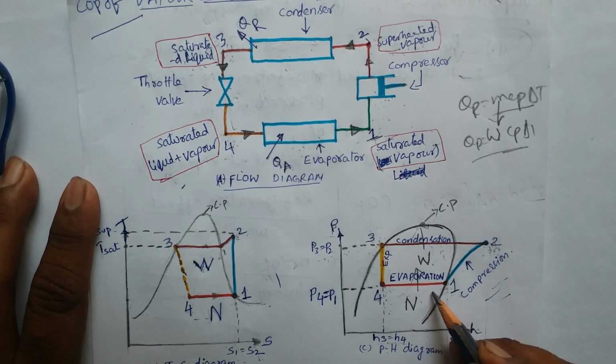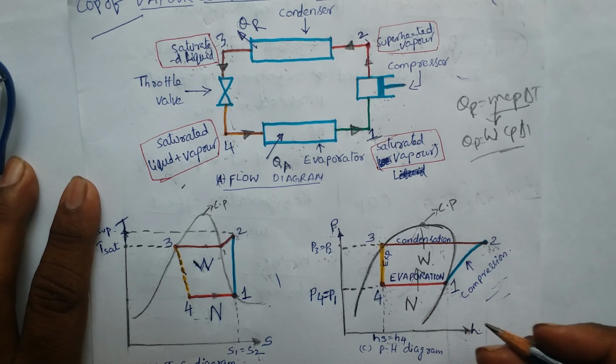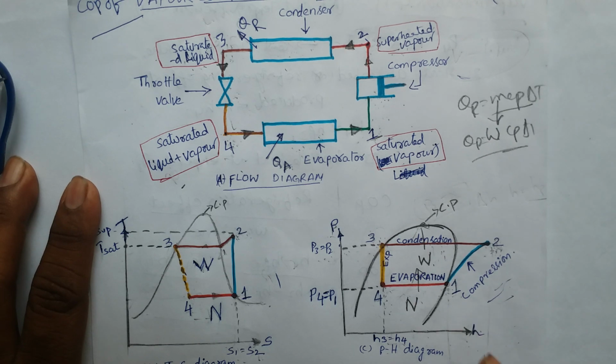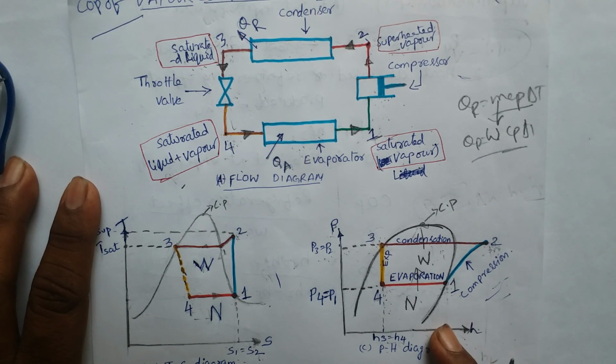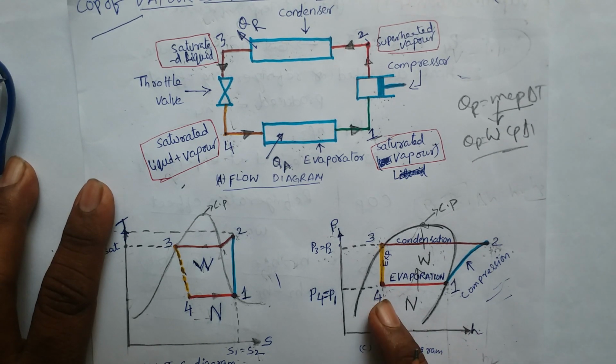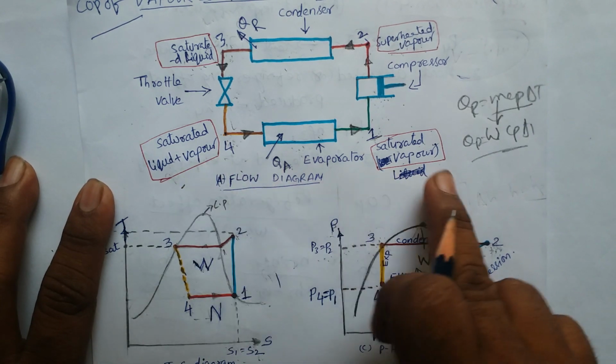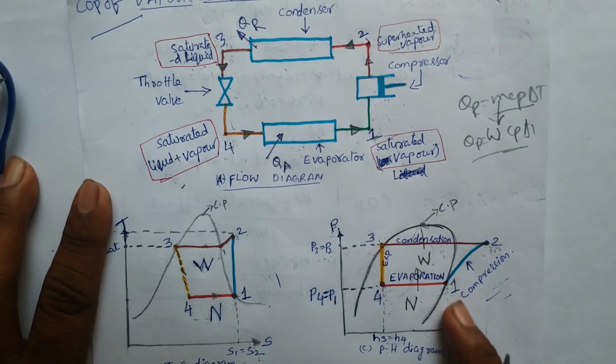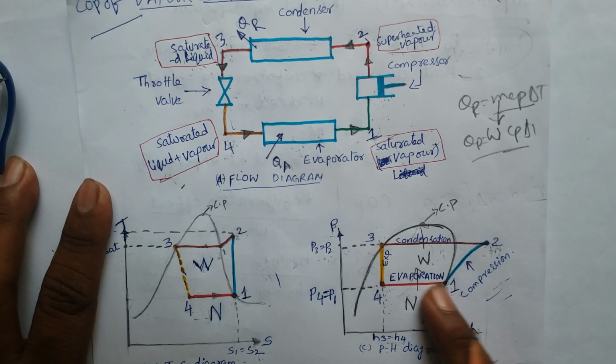In this evaporation, how much heat is absorbed? It is the latent heat that produces the refrigeration effect. The refrigerant changes from liquid to vapor, so the latent heat of vaporization occurs here.